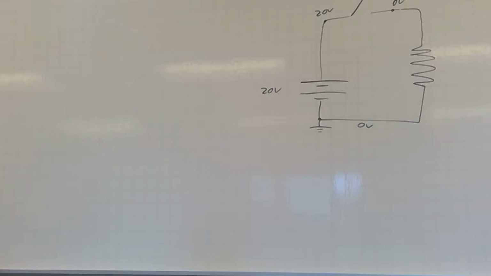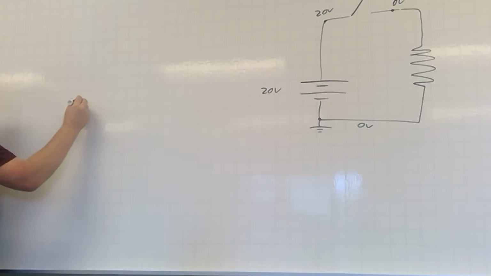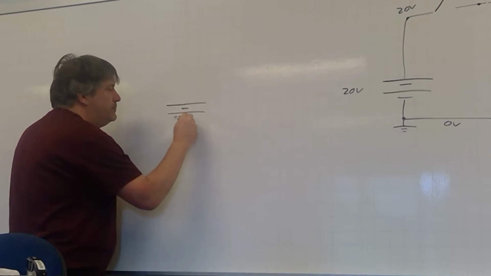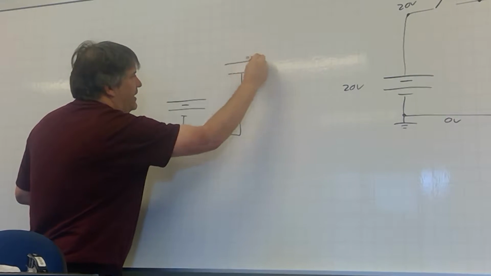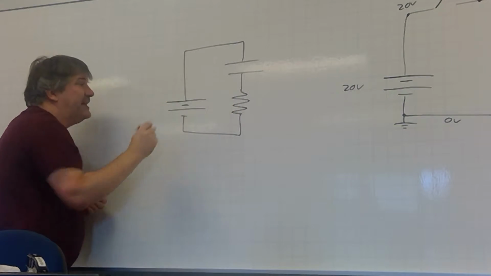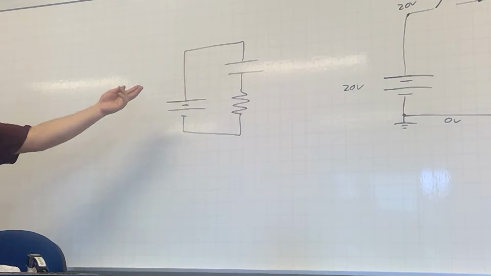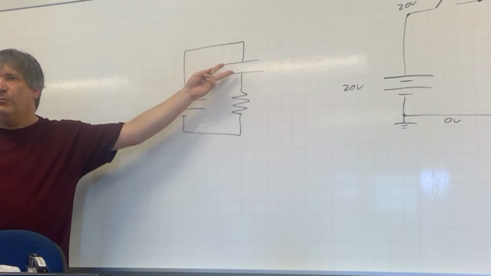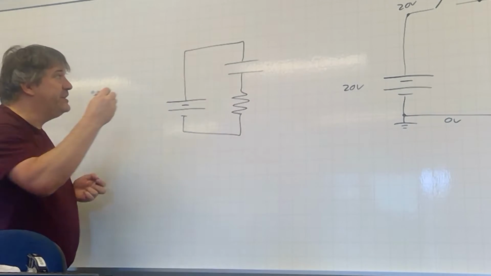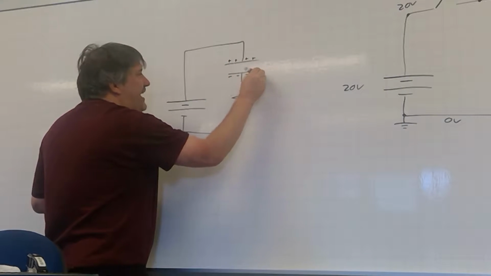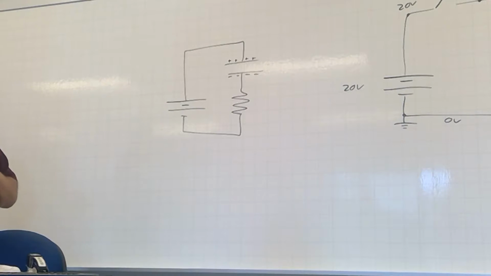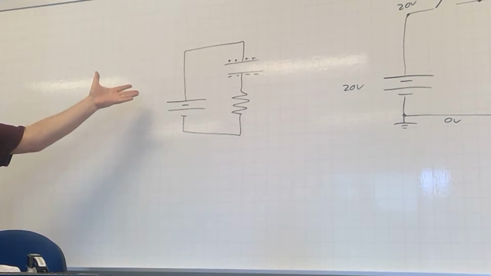So yes, a capacitor in a DC circuit. If I now add a capacitor to that circuit, if I've left this circuit in place for a very long time, that capacitor is acting like an open switch, which doesn't mean there's no voltage on it. There is, and that also means there's positive charge on this plate and negative charge on that plate, but it just means there's no current flowing. Everything's come to equilibrium.